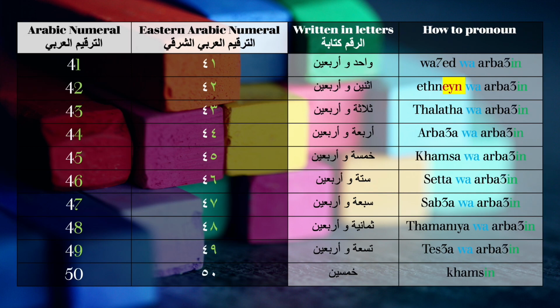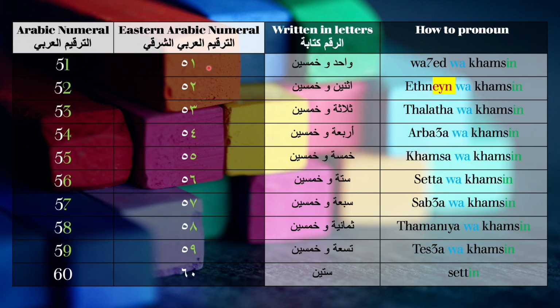Isn't that easy to grab now? So let's do the same for the numbers from 41 to 50. 1 and 40, 2 and 40, right? So let's say it. 41, 42, 43, 44, 45, 46, 47, 48, 49, 50.